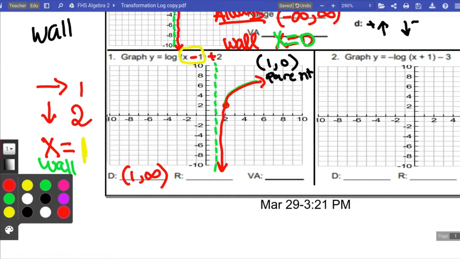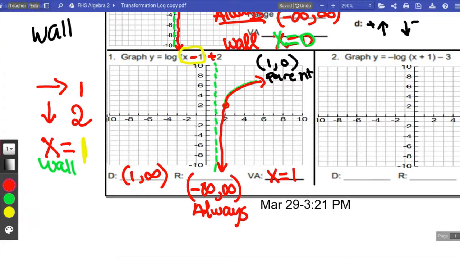The range starts at the bottom to infinity. Remember, the range will always be this way for the logarithm. And then we concluded that the vertical asymptote was just the opposite of what was inside, so it's positive 1. Not difficult, was it? Pretty simple, right?